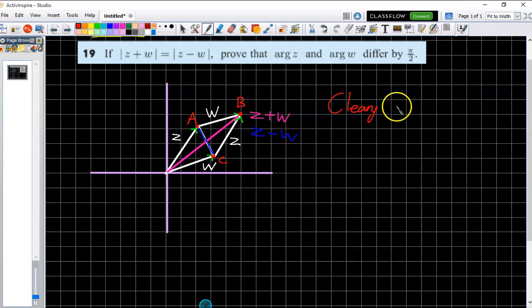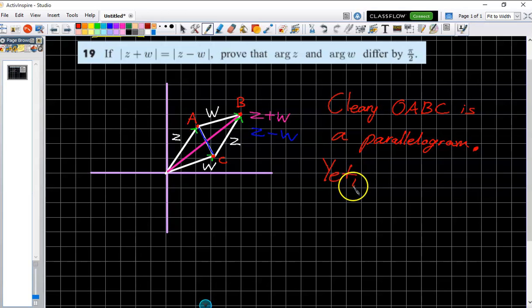Clearly, OABC is a parallelogram. That's where it comes in. Parallelogram, full stop there.